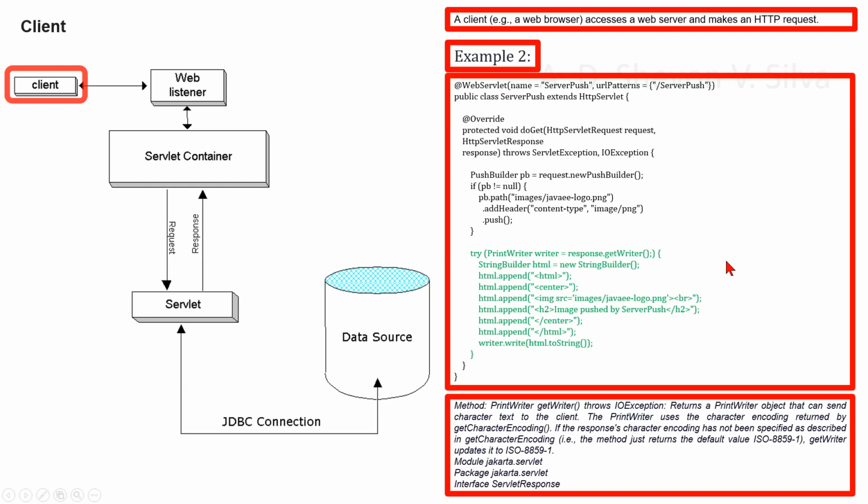Here we use a PushBuilder object to send an image to the client before it is requested by the img src tag.